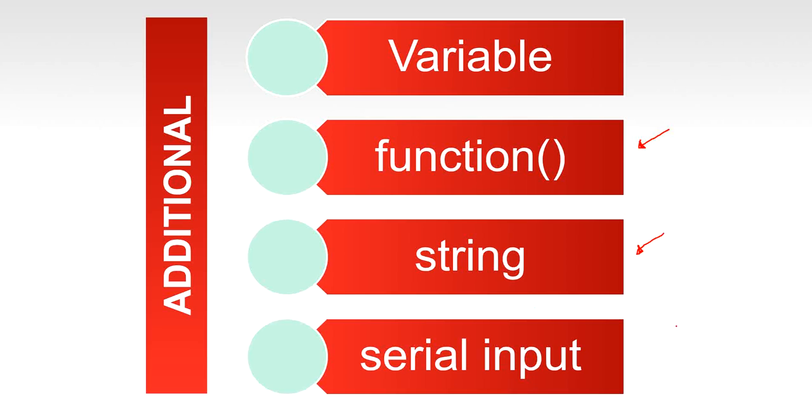And then the final part is the serial input. The serial input and string are quite directly connected. Previously we have learned how we can print the serial command. We just use Serial.print to print the command, or Serial.println to print out a new line for every command.